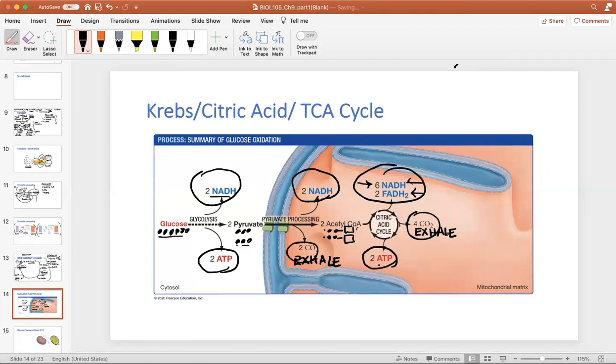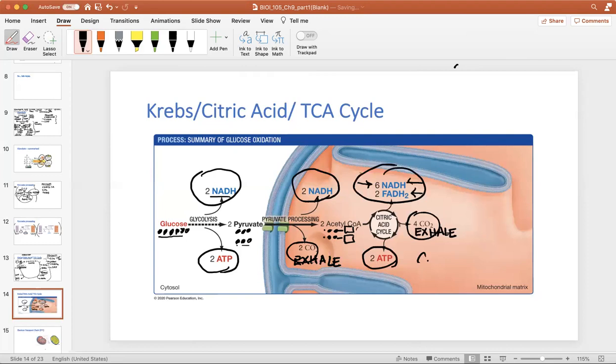So a few things to point out. First of all, at this point, we have oxidized the entire glucose molecule. We've used up all of the carbon bonds here that we're storing energy. So we've gone from 6 carbons in the glucose molecule to 6 CO2s here and here.